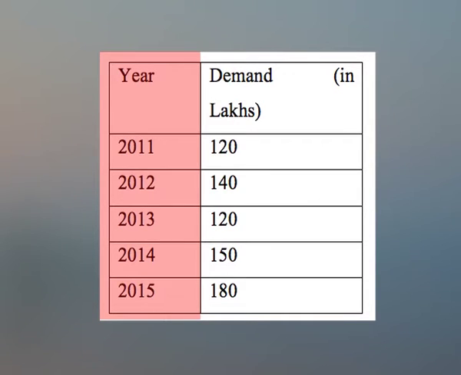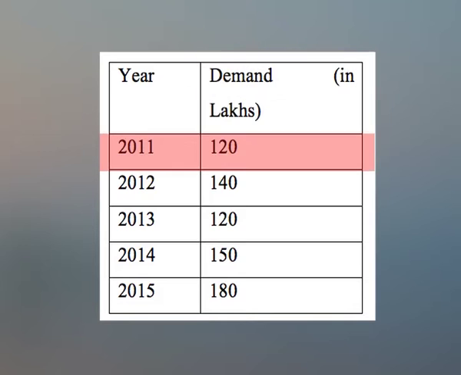Forecast the trend of demand for cellular phones manufactured by Alpha Mobiles Private Limited for the next 5 years on the basis of the time series given. Now, we can see the number of years given to us: 2011, 2012, 2013, 2014, 2015. Now, demand for each year is given to you.